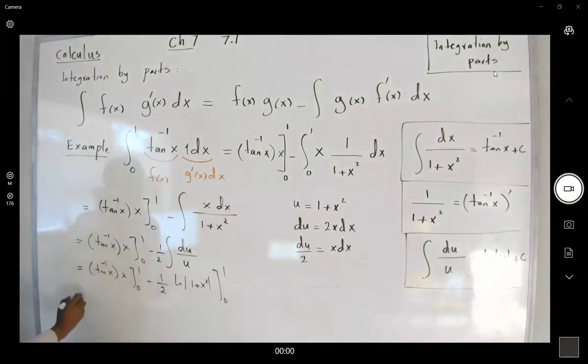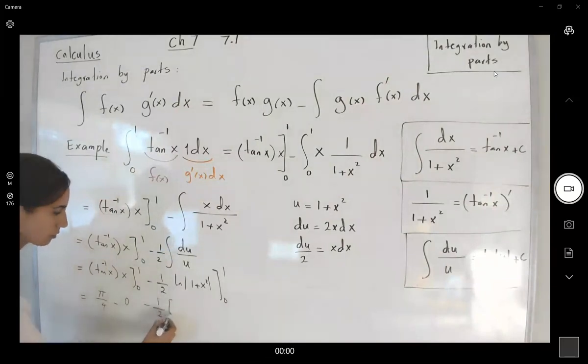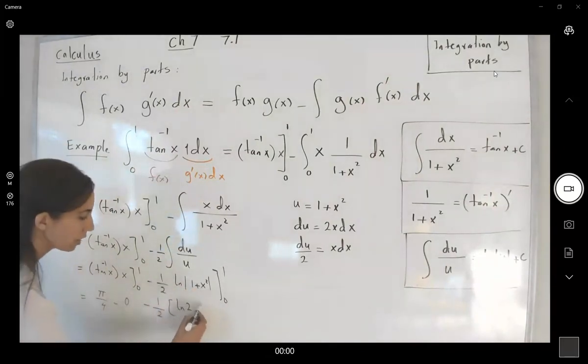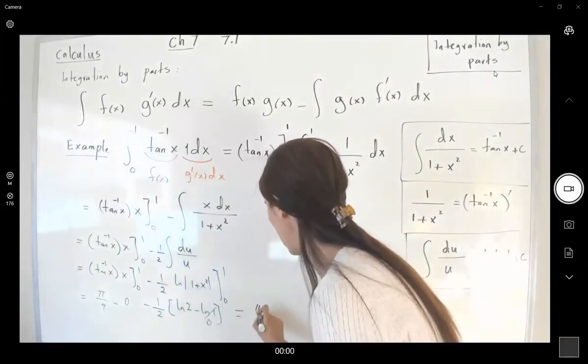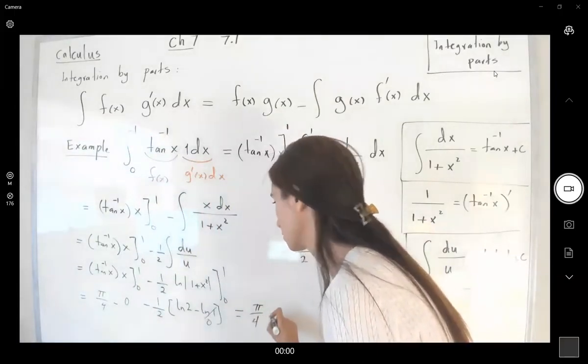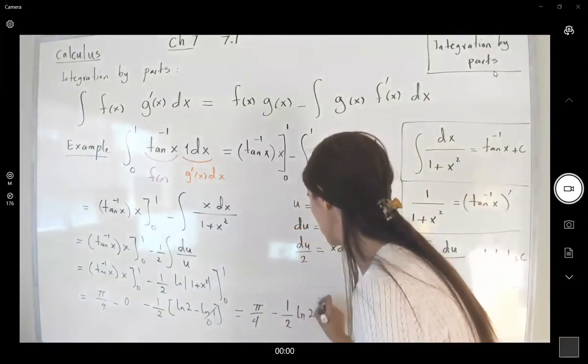So if I plug in 1, I get inverse tangent of 1, which is pi over 4, minus, if I plug in 0, it's going to be 0, so I'm not really worried about 0, minus a half. Here I have ln of 2 minus ln of 1, this guy is 0. So the final answer is pi over 4 minus a half ln of 2.